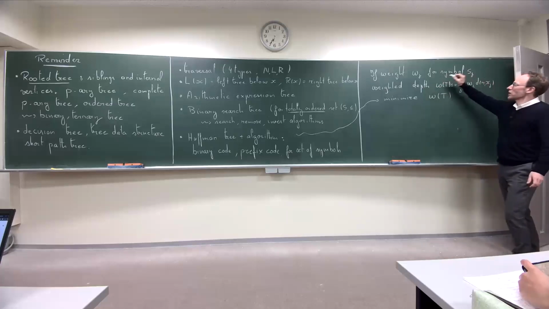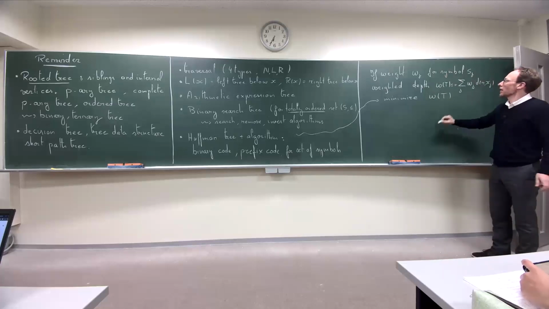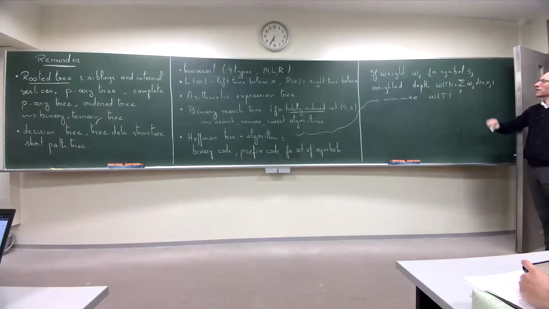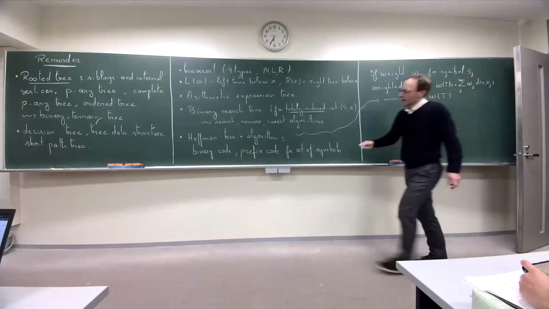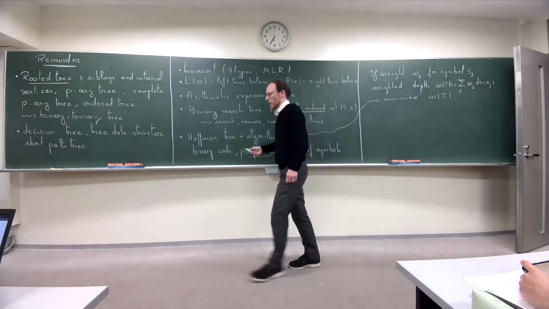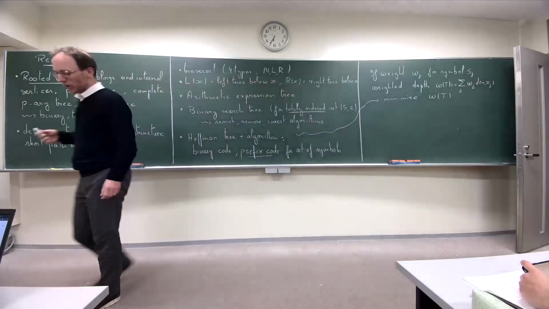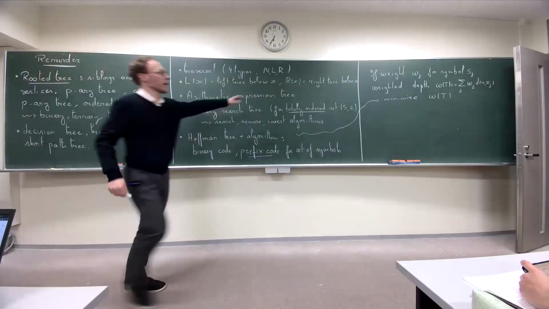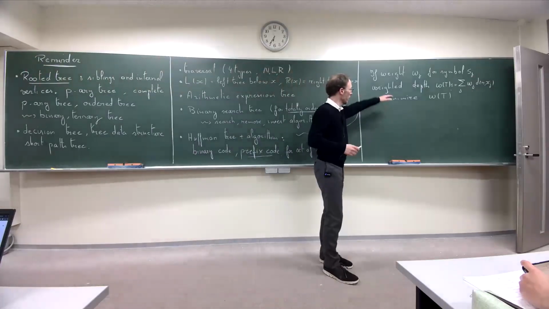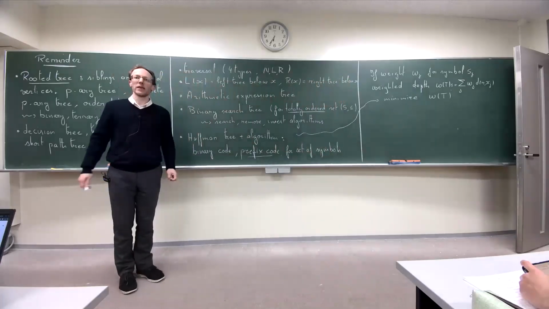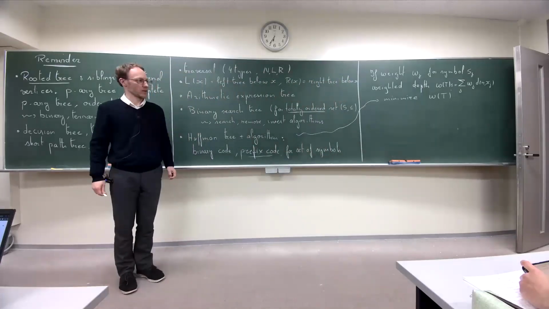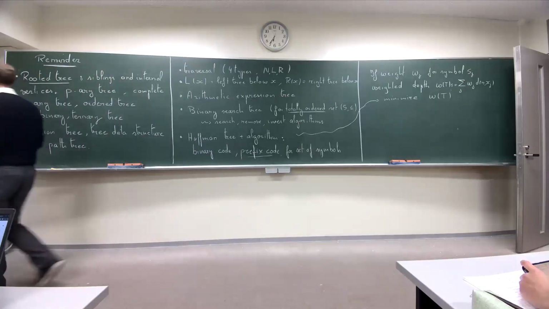So you associate a weight to each symbol, and then you define this weighted depth with a certain formula, and this Huffman algorithm gives you one way to find an efficient prefix code. The solution is not unique, but the average number of 0s and 1s you need for each symbol is unique. Okay, so this is what we did last week.